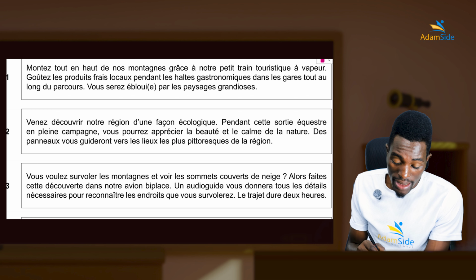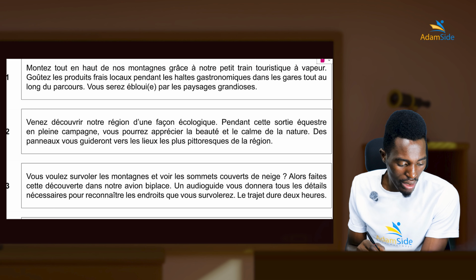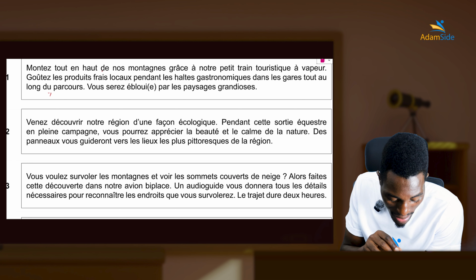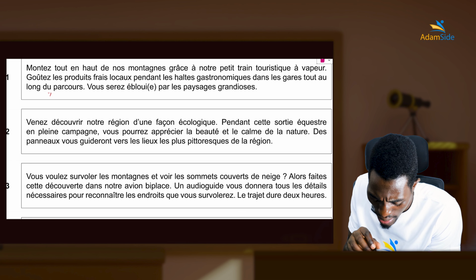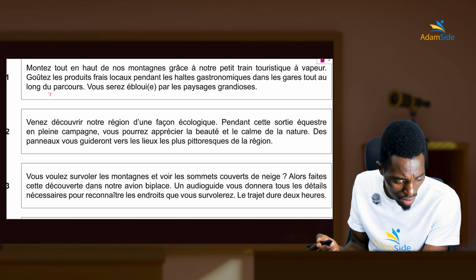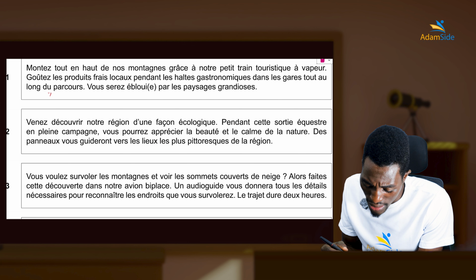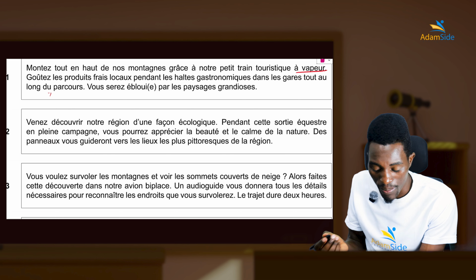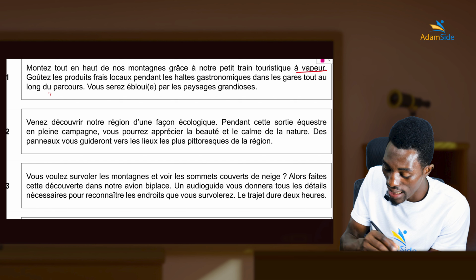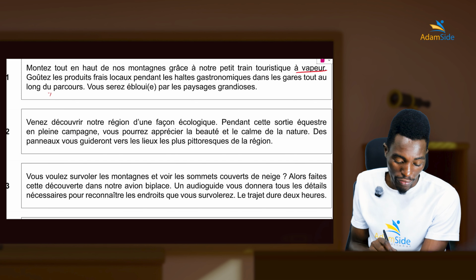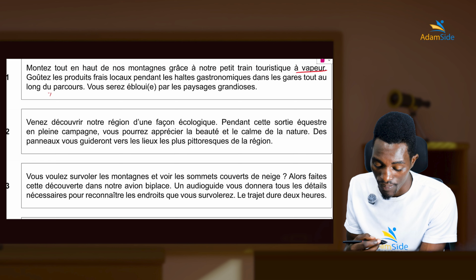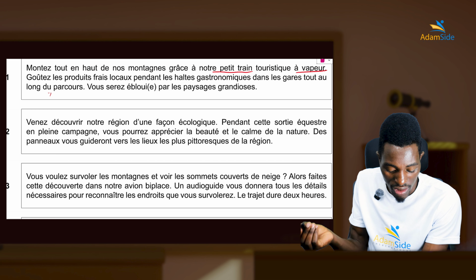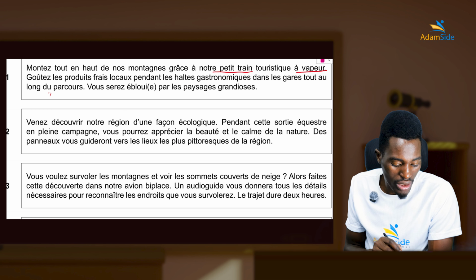He wants also a plain air, a presence of farmers. But here, in text number 1, monter tout, the mountain is about climbing. So, grâce à notre petit train touristique à vapeur, it is vaporing. So it is polluting. So automatically this is not for Samuel because it is polluting already. Petit train, a small train which is vaporing. So it is polluting. So this one is not for Samuel.